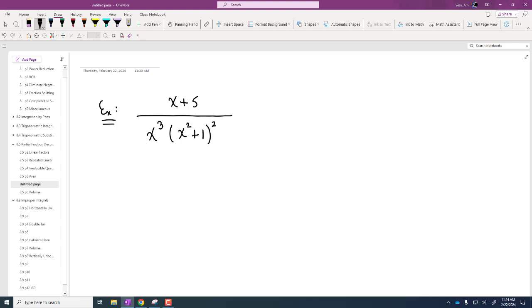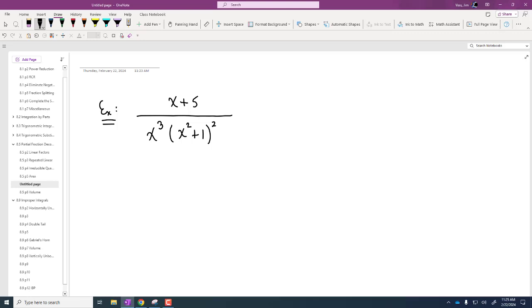Let's just write out the setup for the PFD. We won't go through it because it would be too long. But I want to make sure you have the setup right. When you're seeing that x cubed, you should be seeing that as a linear factor that's got a 3 multiplicity.